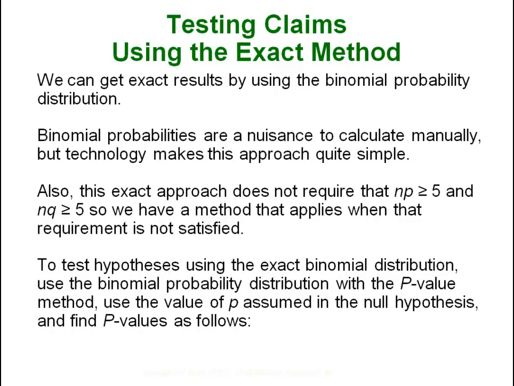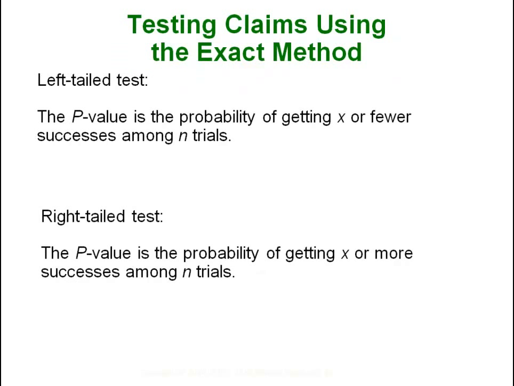And again, you're going to want to use the p-value method here. It's just better. If you're doing a left-tailed test, then the p-value is just the probability of getting x or fewer successes among n trials. Because if you draw a picture, as I tell you guys all the time, draw a picture. Now I know the binomial curve doesn't look like this, but you just give yourself a curve for reference.